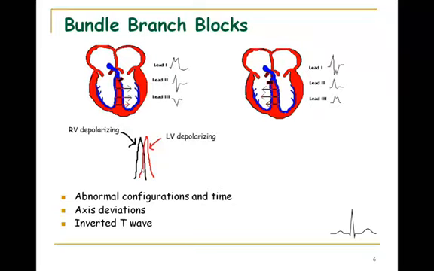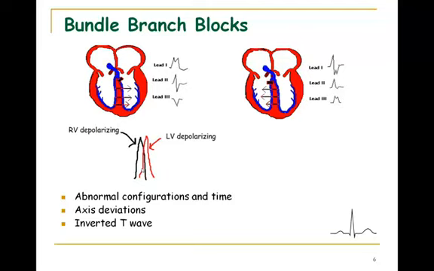With bundle branch blocks, often it may be more than 0.12 seconds. But I don't want you to always say that it can't be hypertrophy because my QRS duration is 0.12 seconds.